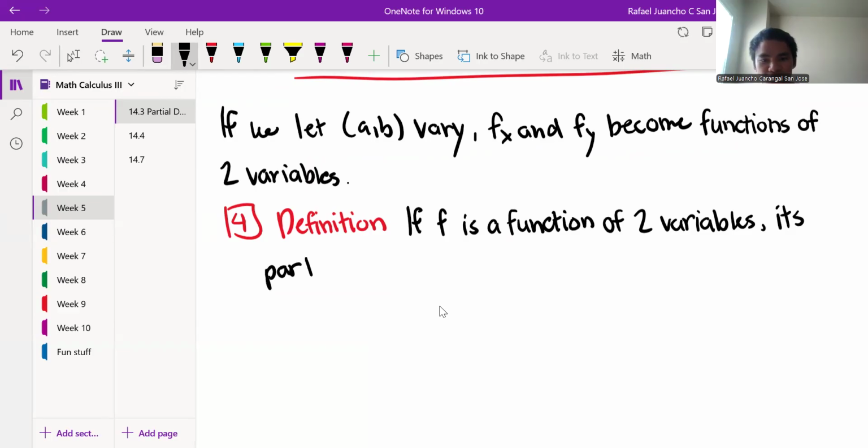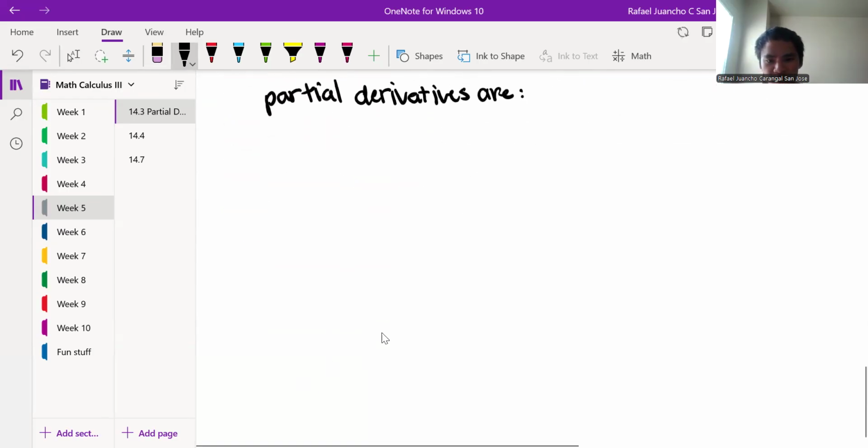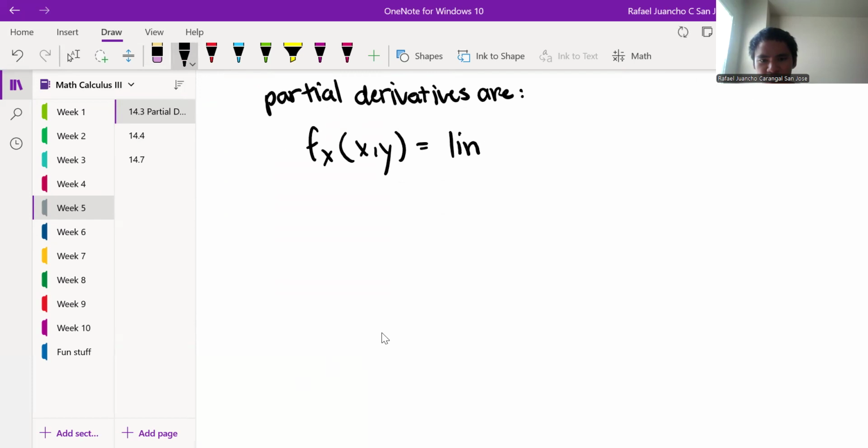Its partial derivatives are defined by these two. So we have f of x, y. Here we assume that we have two things.